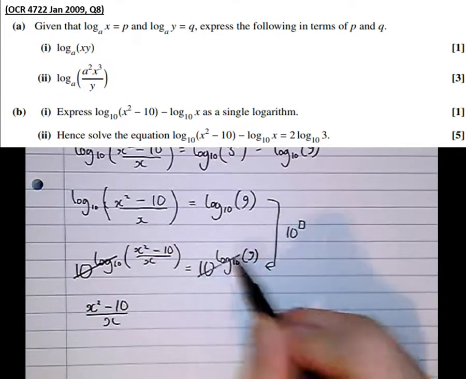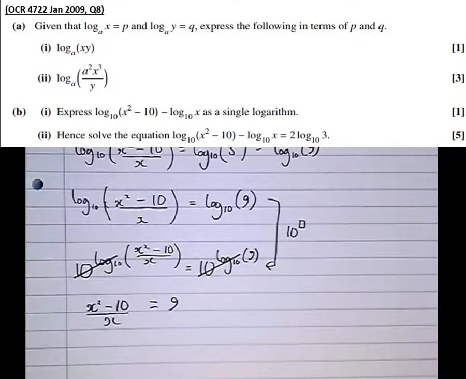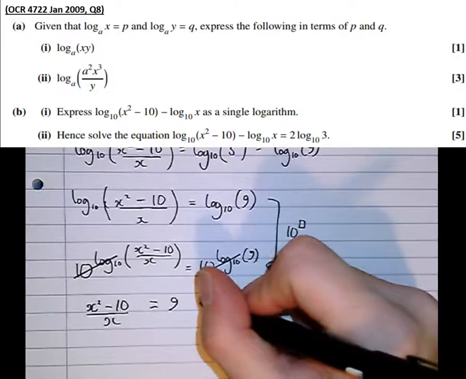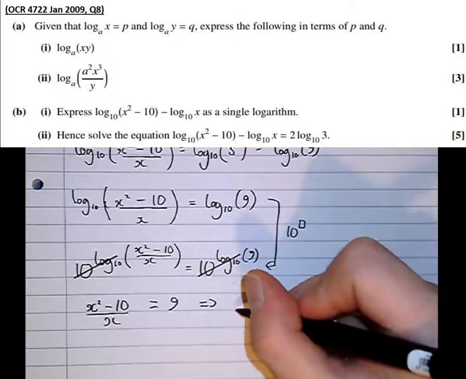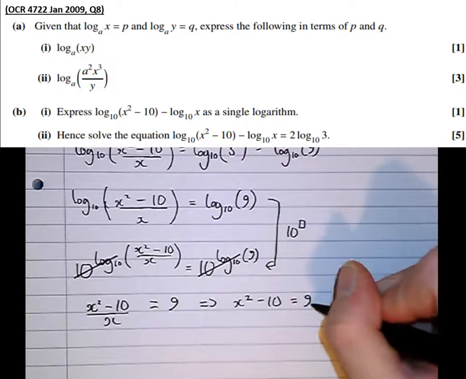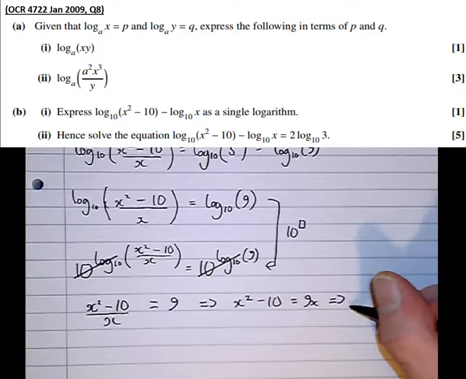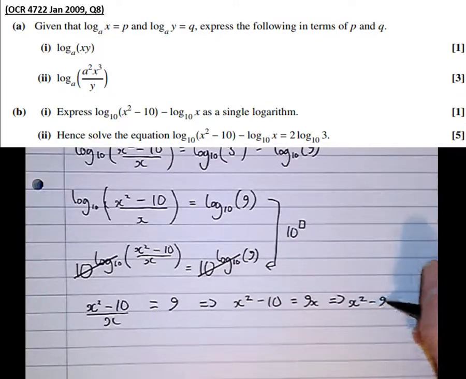Same argument goes here, so equals 9. Multiplying by x, this means that x squared minus 10 equals 9x. Then rearranging the quadratic, we get x squared minus 9x minus 10 equals 0.